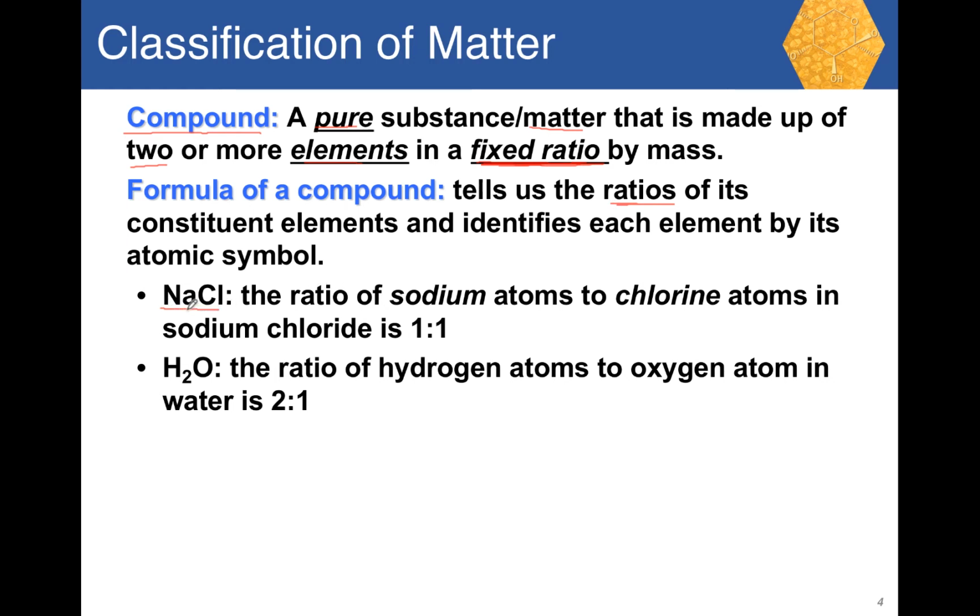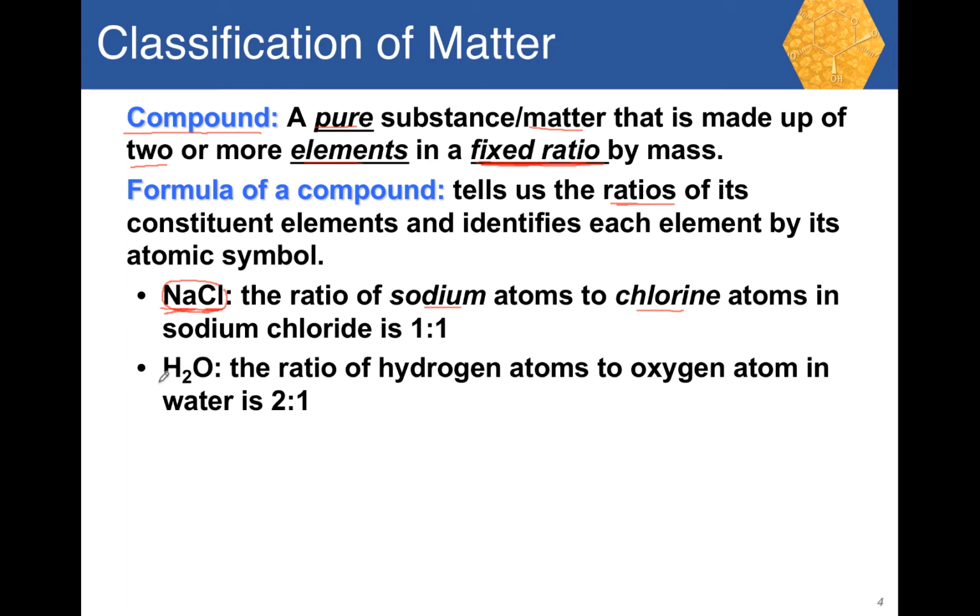If you look at your periodic table, you'll see that Na here means sodium and Cl here is the symbol for chlorine. So the way that's written is NaCl. The fixed ratio is 1 sodium to 1 chlorine, as we have seen here, 1 to 1.